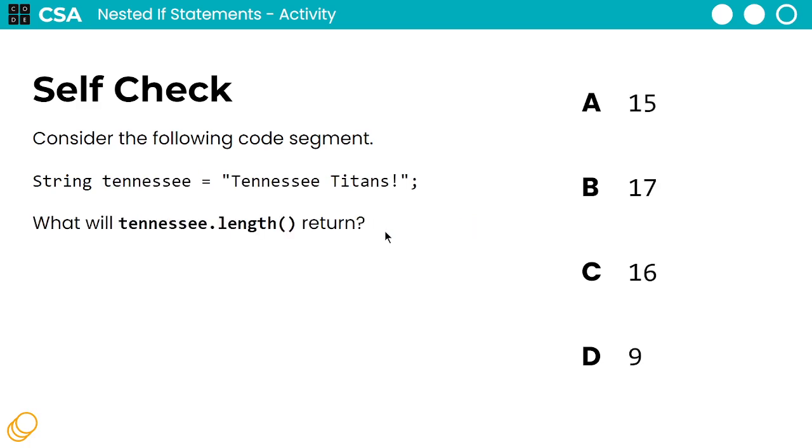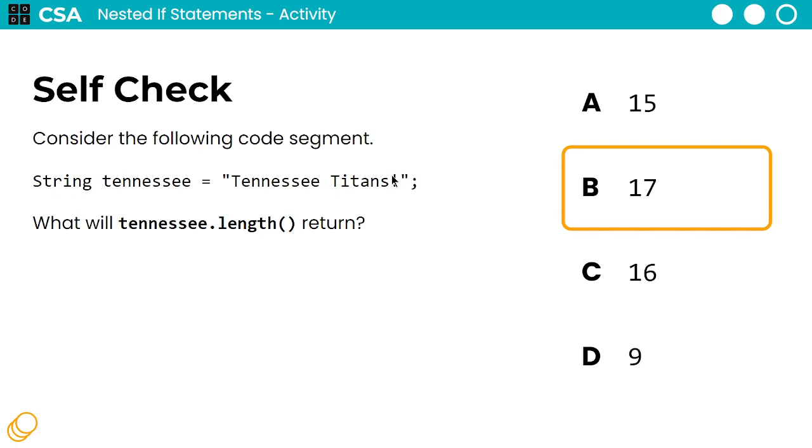All right. Go ahead and try this one out. How many do you think there's going to be? All right. Hopefully your answer was 17. 1, 2, 3, 4, 5, 6, 7, 8, 9, 10, 11, 12, 13, 14, 15, 16, 17.